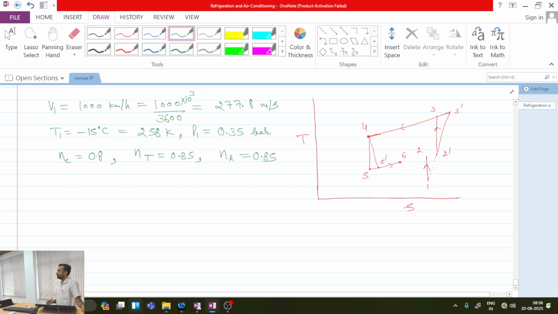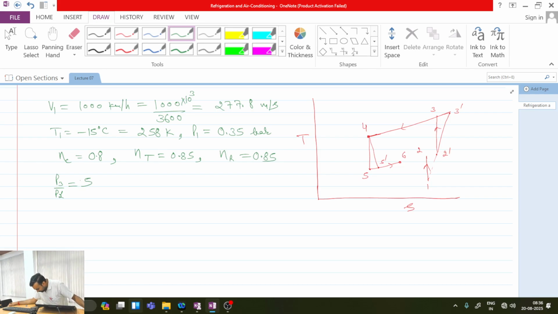Okay, so these three different efficiencies are given. What next? The pressure ratio of the compressor is 5. It means across the compressor, P3 by P2 dash is 5. Is this one clear? The pressure ratio across the compressor is 5. Then what else?